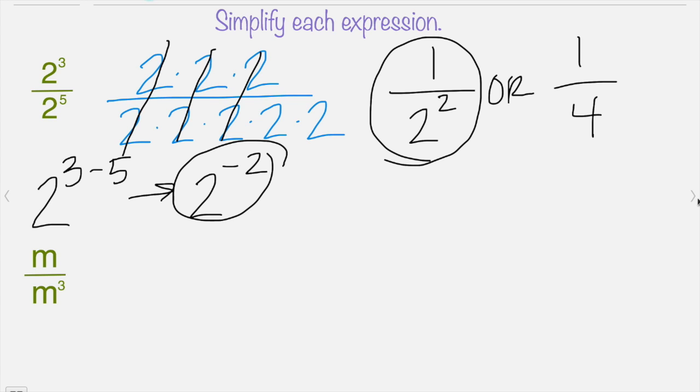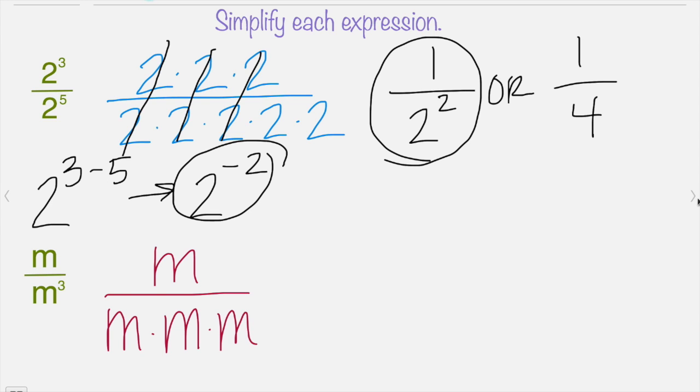m over m to the third is the same as m, just once, over m times itself 3 times. Again, I'll look for a pair that will cancel, and I'll find just one. That leaves 1 on top over m times m, or m squared.